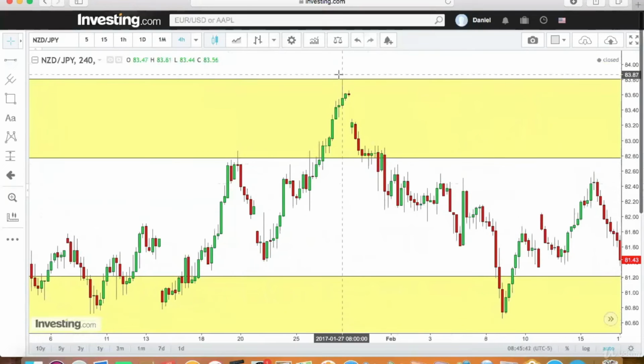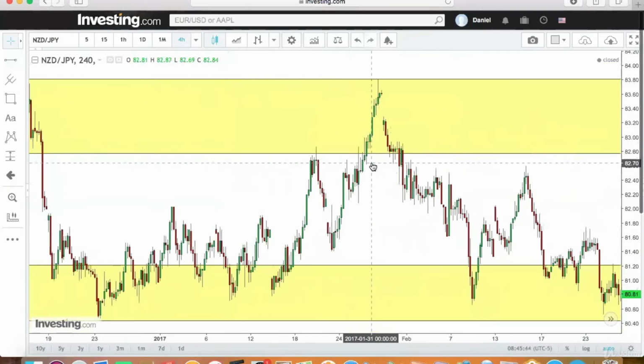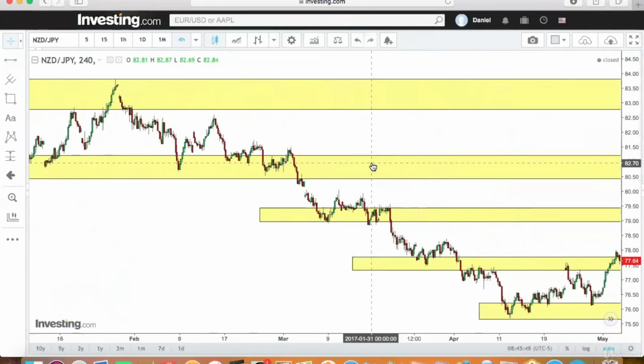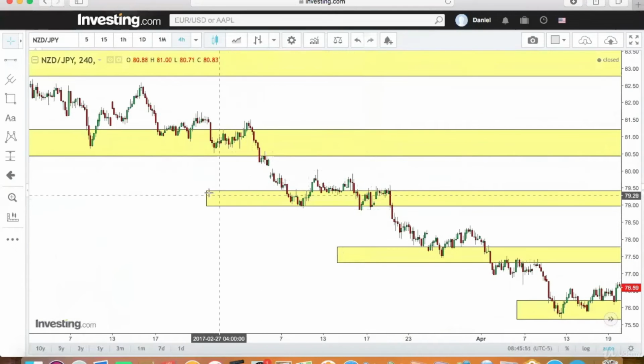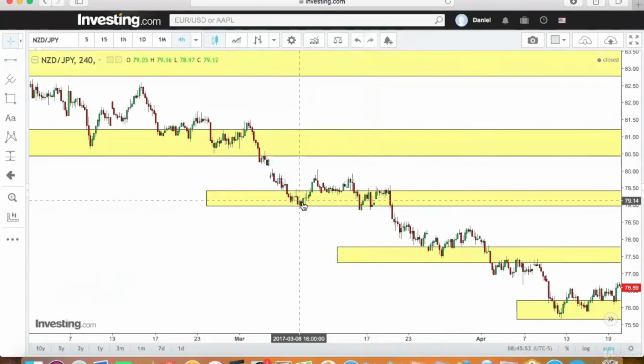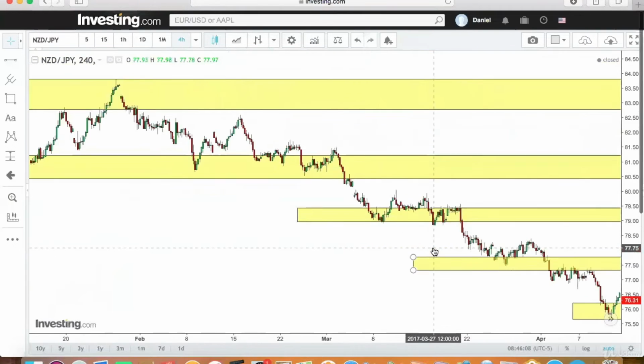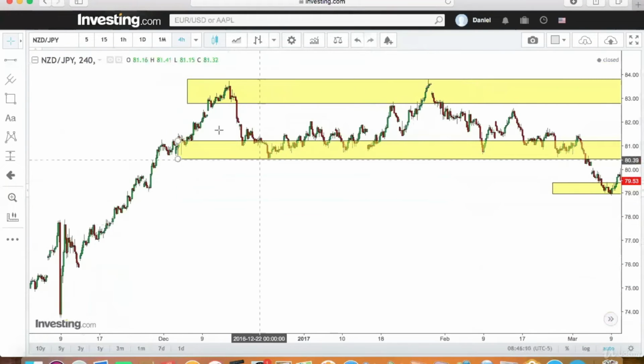So this is pretty much how you mark out zones. You find the support and resistance levels on your chart, and then you map out areas of price where the market has respected support, channeled resistance, respected support, channeled resistance, and broke down to a new level of support. And vice versa here.